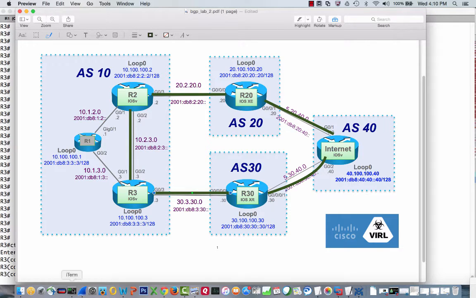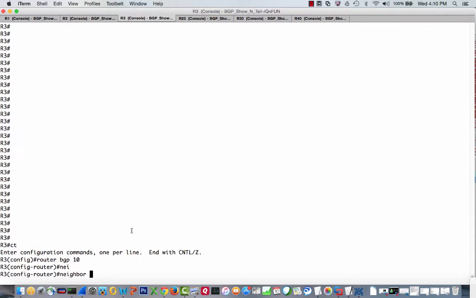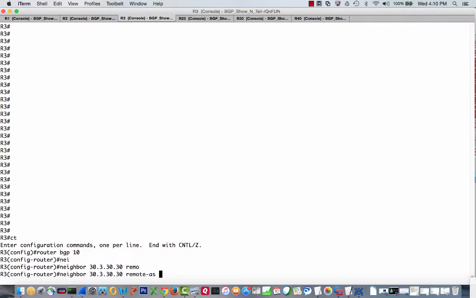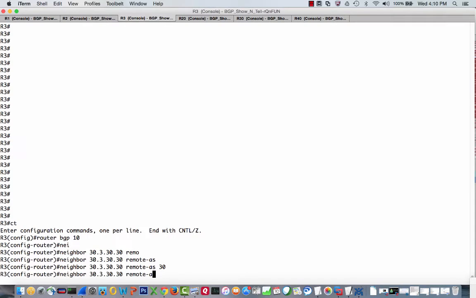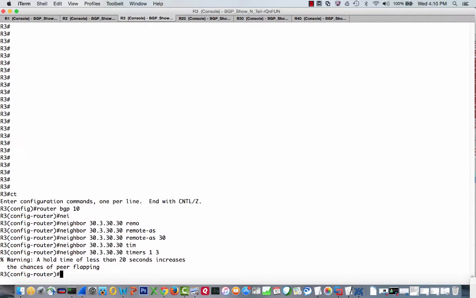Autonomous system number is 30. So the neighbor is going to be 30.3.30.30. And then the remote AS is going to be 30. And I want to do timers of 1 and 3.